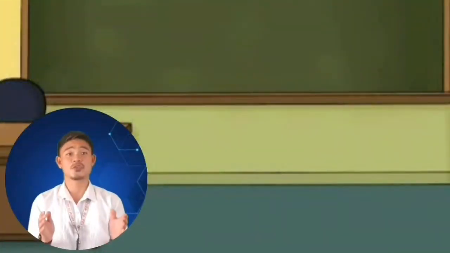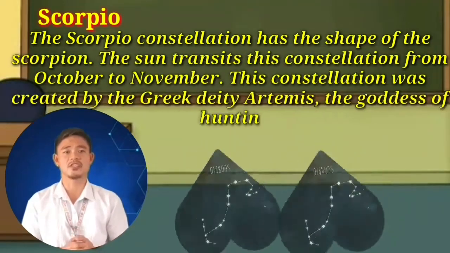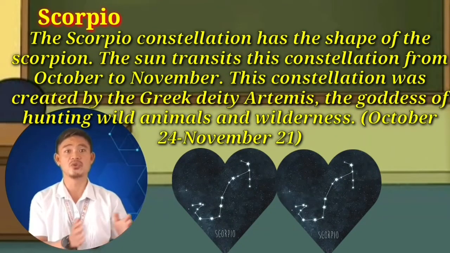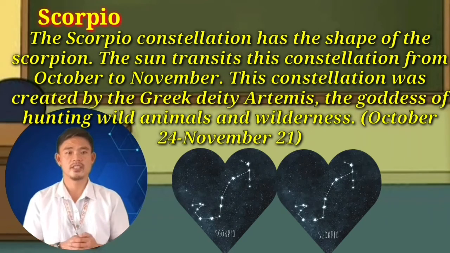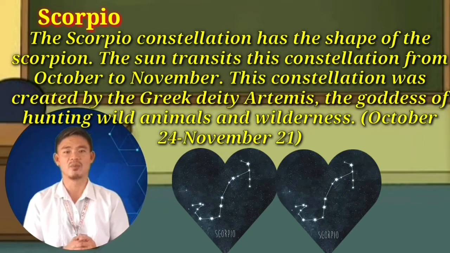Next is Scorpio. The Scorpio constellation has the shape of a scorpion, from the name Scorpio to scorpion. The sun transits this constellation from October to November. This constellation was created by the Greek deity Artemis, the goddess of hunting wild animals and wilderness.